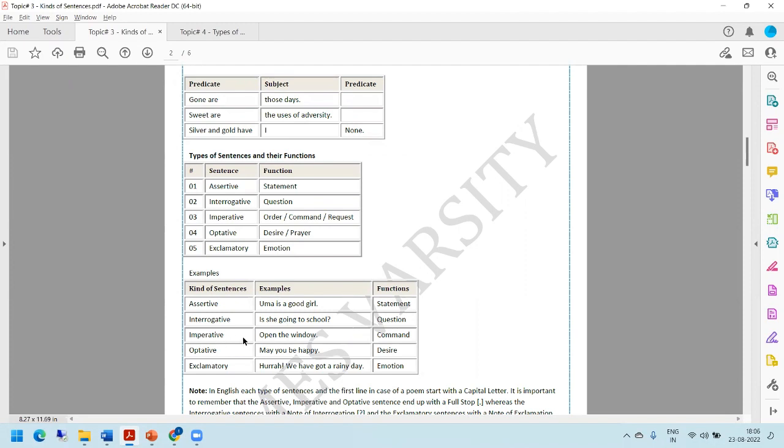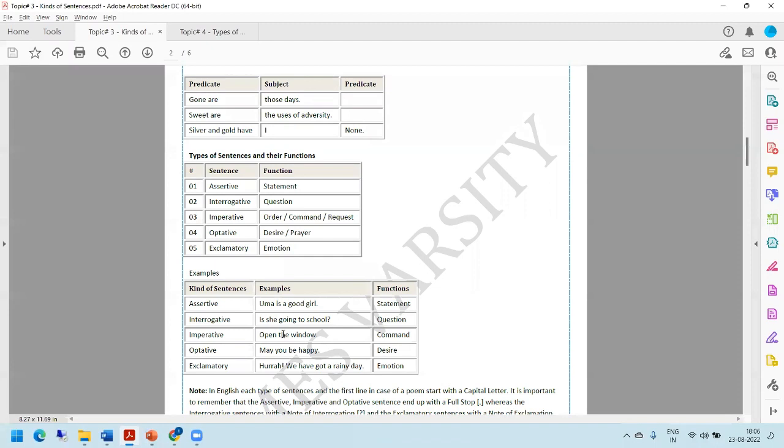Similarly, imperative sentence, open the window. It's like, let's say to someone, if we are telling, open the window, where we request. If we add the prefix, please open the window, it becomes a request. If we don't put please, then it becomes like a command or order, open the window.